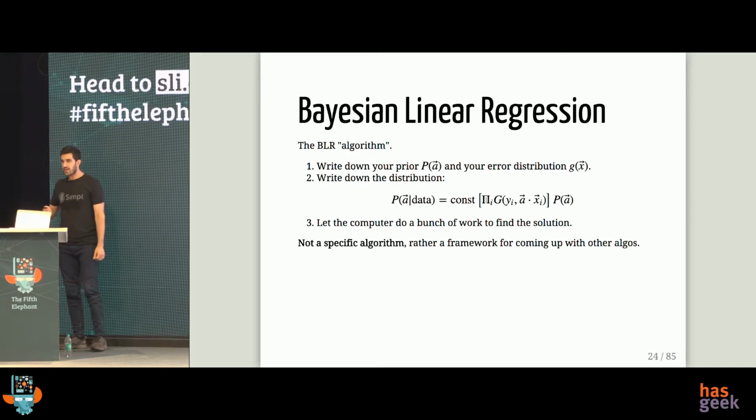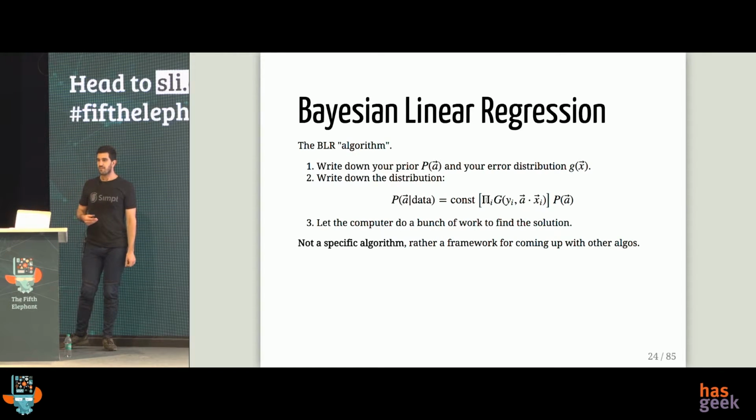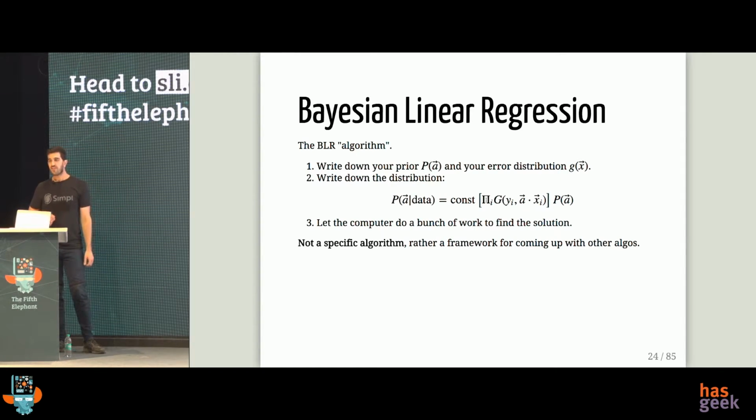And then step 3, there's different ways to set this up, but it's basically let the computer do a bunch of work, and it can be quadratic amounts of work in your error. So this is not a specific algorithm, but it's a framework for coming up with other ones. And you'll see that from this framework, we get a lot of the things you've probably seen before.